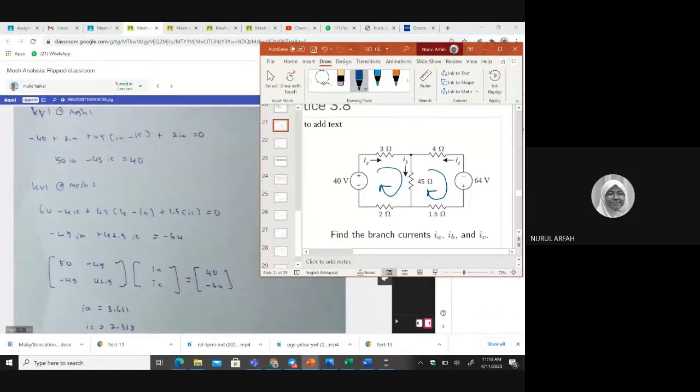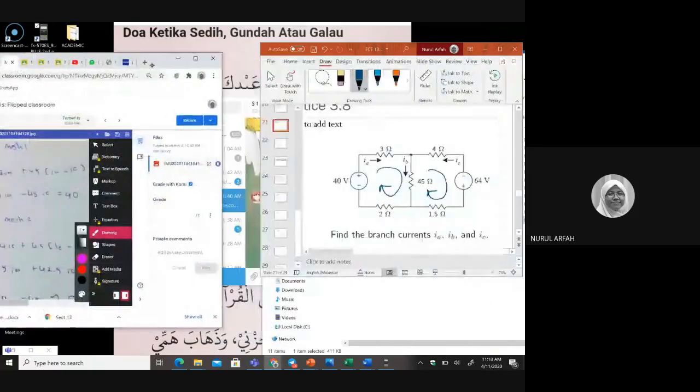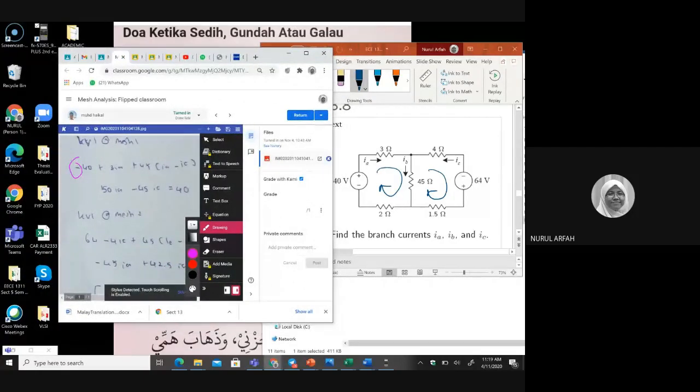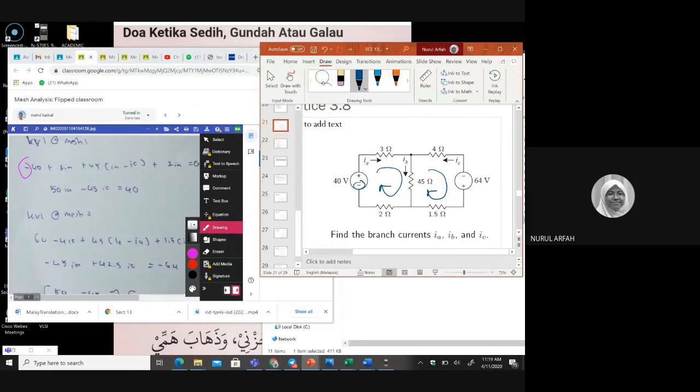How I look at your answer, I will check on your, maybe something like this. If you look at here, you have a minus, right? Minus sign. So what I will do is by looking at your minus sign, then I know that the current is coming this way. So that's why I put like this.